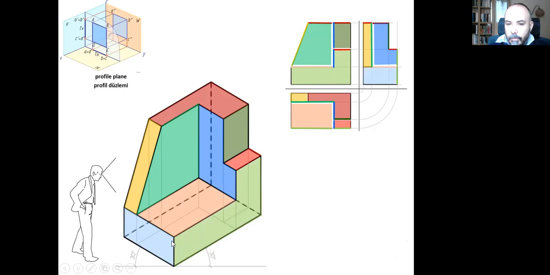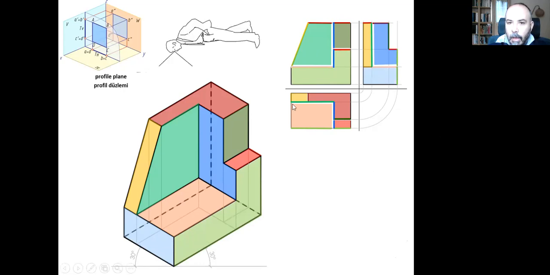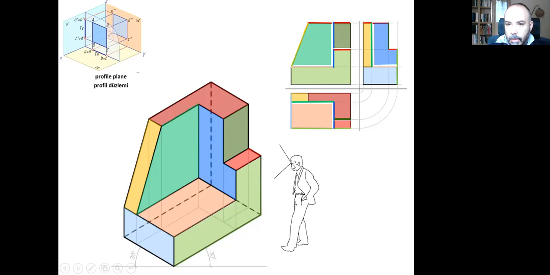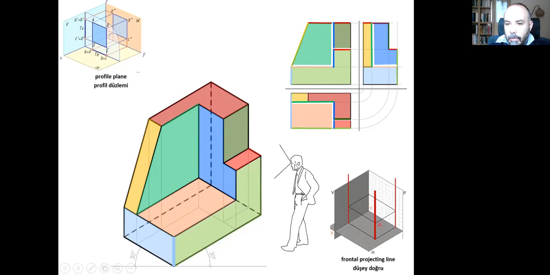In the left side view, I will be looking at this surface here. In the top view, it appears as a horizontal projecting line. And in its frontal view, I will be looking at a frontal projecting line that appears at this location.